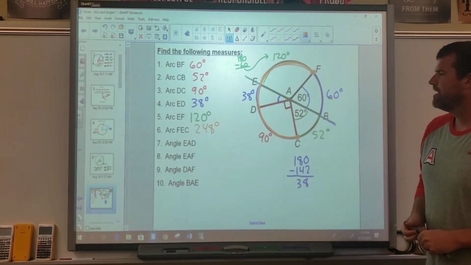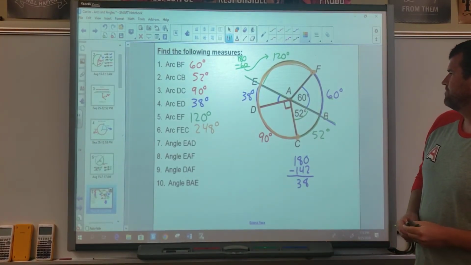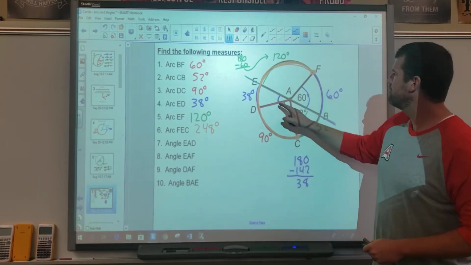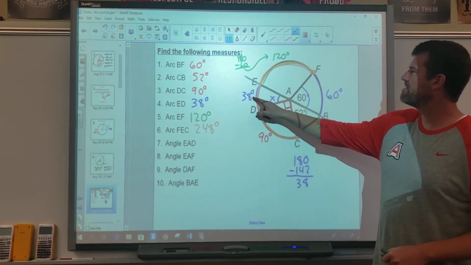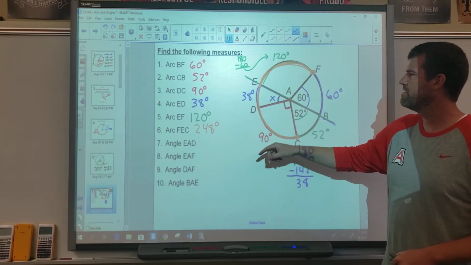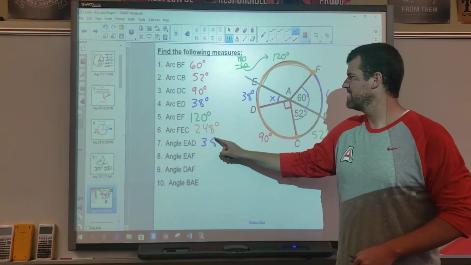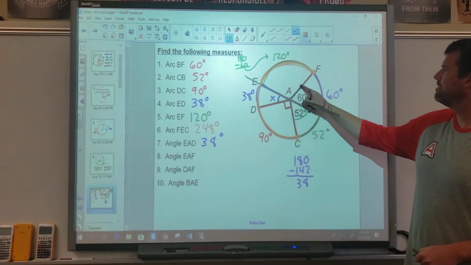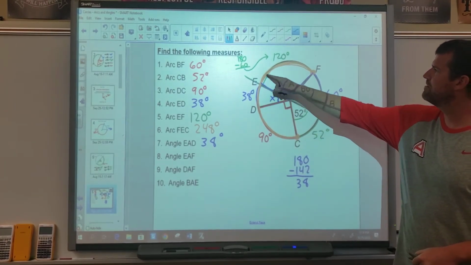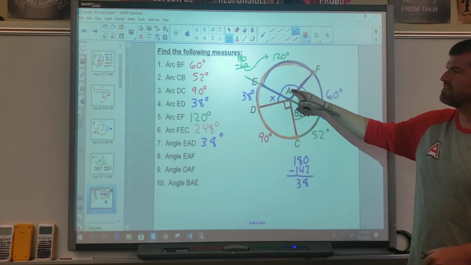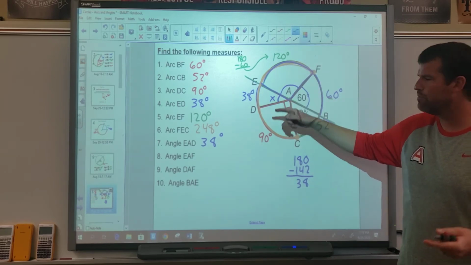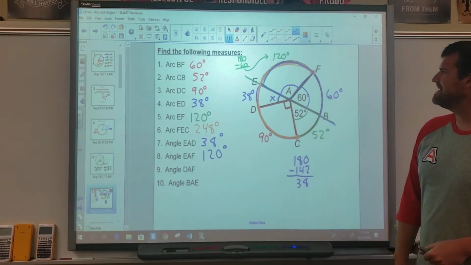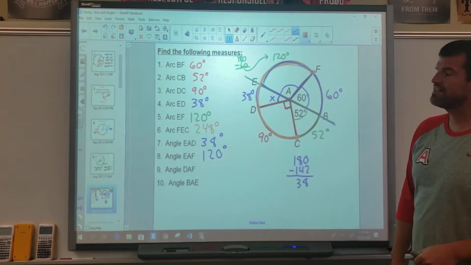All right, angle EAD. EAD, that's this angle here. We know that central angles and arcs are the same, so that one's going to be 38 degrees. Angle EAF, well, we found that that arc was 120, so the central angle is 120. Angle DAF. All right, this is getting kind of messy here.